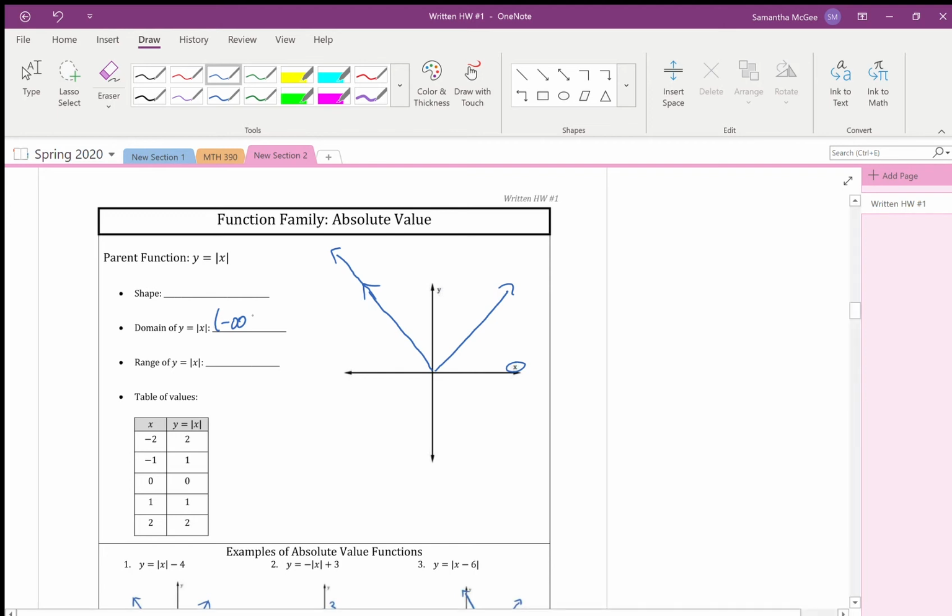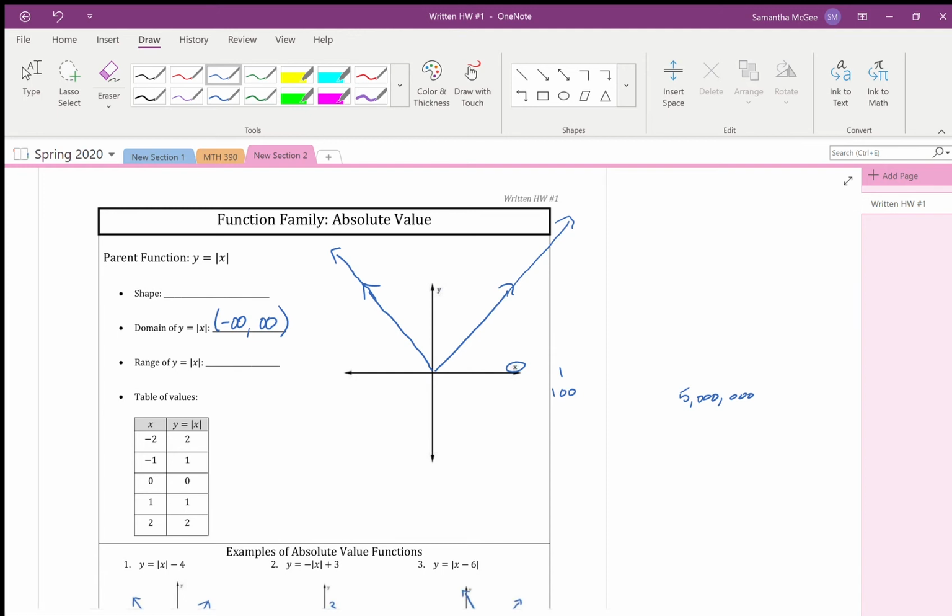Since it goes on forever, we can go up to positive infinity. We could plug in 100, or 5 million. The graph is going to go on forever, so we can plug in anything we want and we're not going to run into problems.